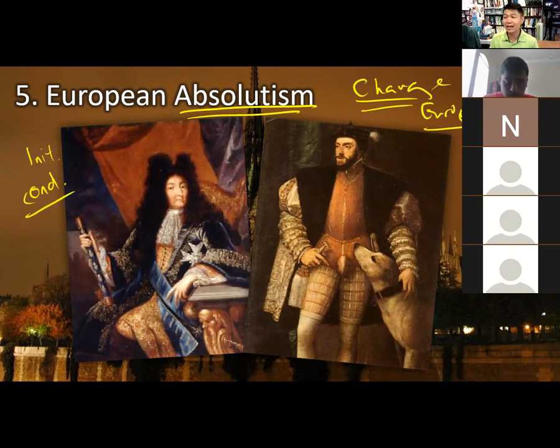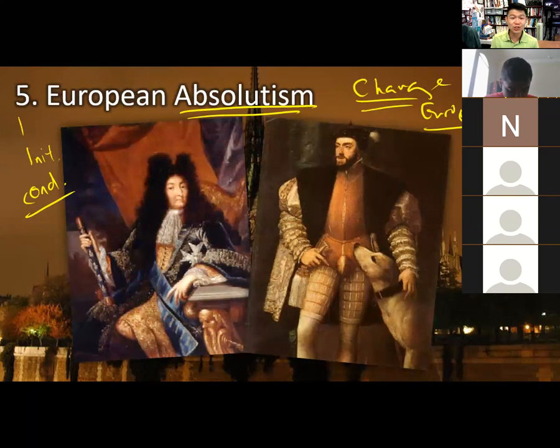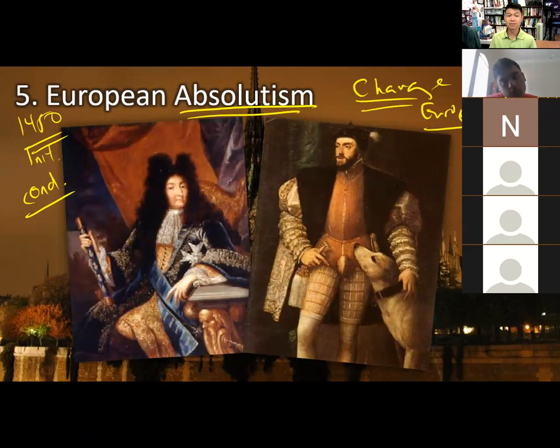So if by 1750 this is the predominant government at this point, what would be the initial condition around 1500? Just as a CCOT exercise here. What would define the politics of most of Europe? It would be, thank you guys, feudalism.